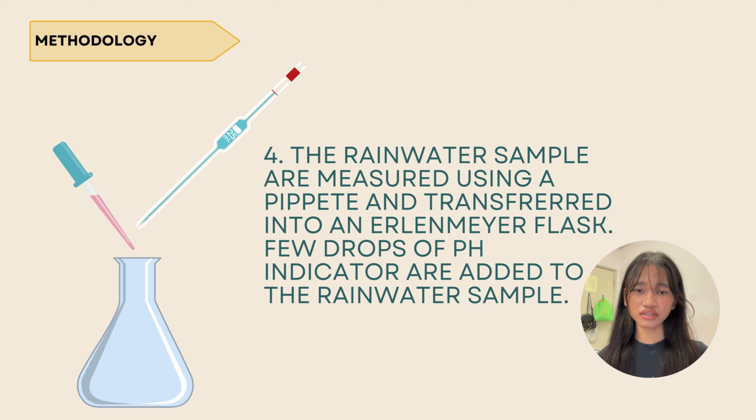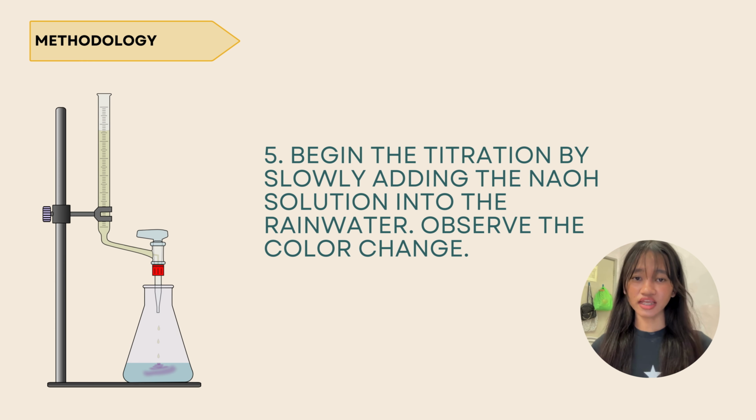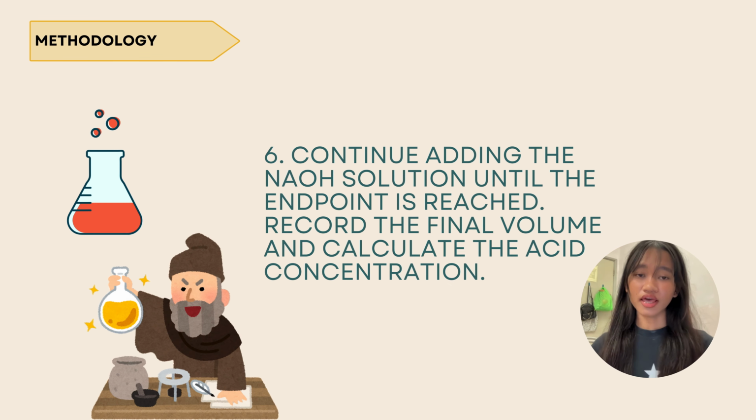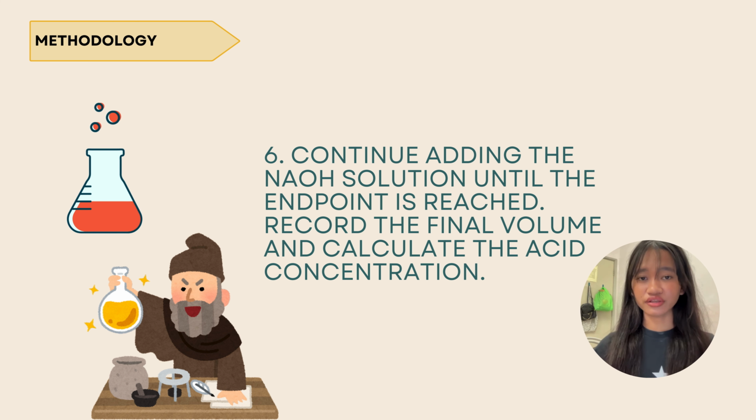Next, the rainwater sample is measured using a pipette and transferred into an Erlenmeyer flask. Then, a few drops of pH indicator are added to the rainwater sample. And then start the titration by slowly adding the NaOH solution into the rainwater sample. Then observe the color change. And lastly, continue adding the NaOH solution until the endpoint is reached. Then record the final volume and calculate the acid concentration.